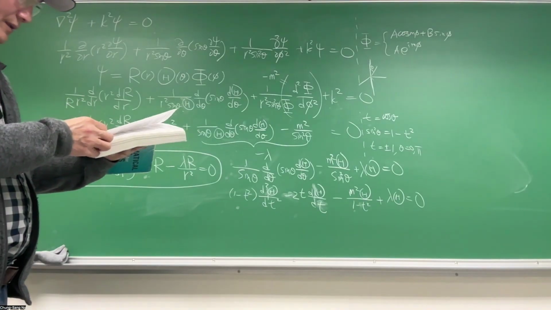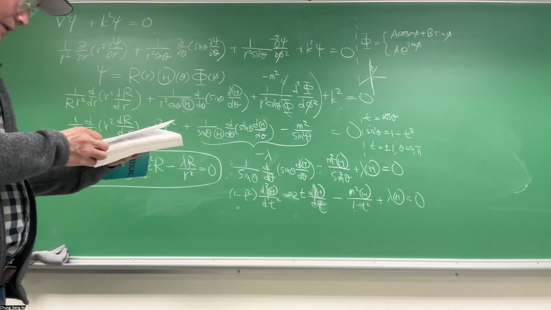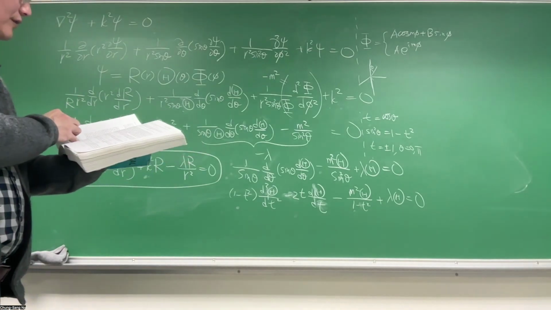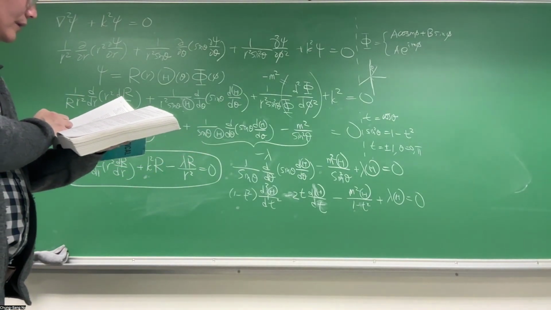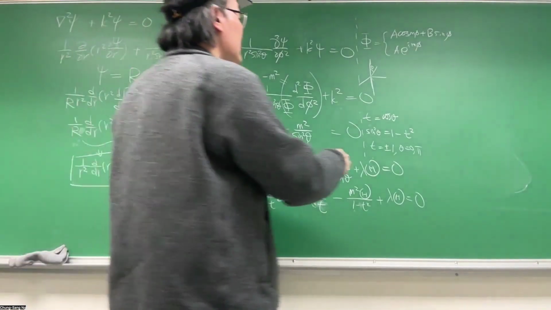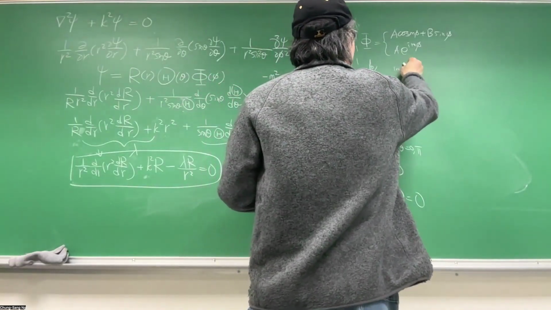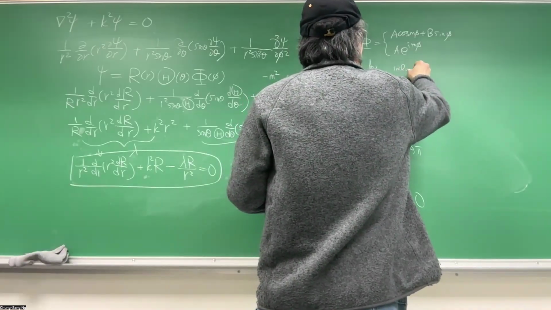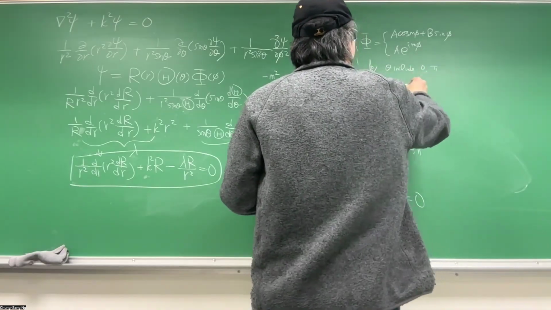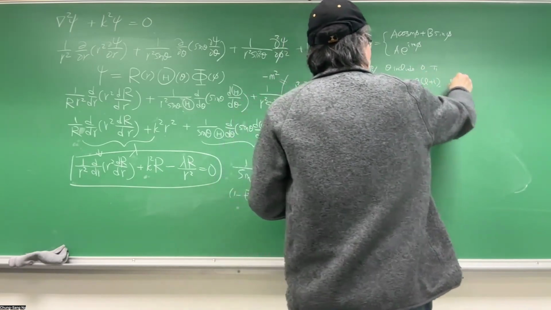But before we do that, I just want to write down the solution. The eigenvalues are fixed by this situation. If theta includes 0 and pi, then lambda is L times L plus 1, where L is from 0.